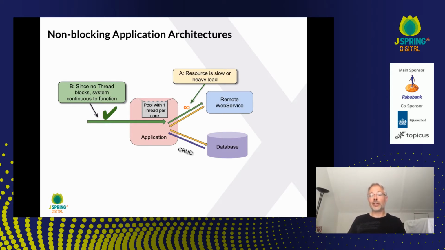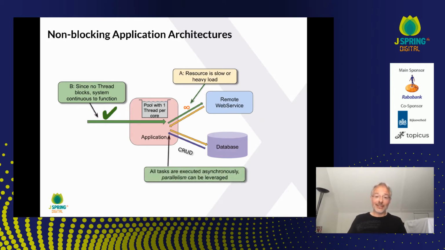And on average, we can process really way faster than with the blocking architecture. In addition to that, and that's the beauty of this model, we can also leverage parallelism. We haven't done it yet, we will see it in a minute, but we can quite easily. So in the end, our customers will be happy with this type of architecture.